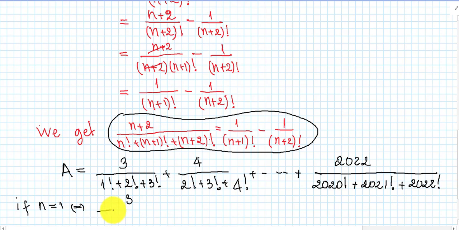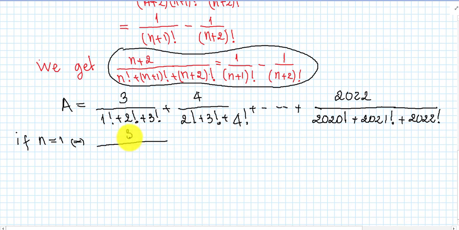3 over 1 factorial plus 2 factorial plus 3 factorial is equal to 1 over, replacing n by 1, n plus 1 gives 2 factorial, minus 1 over, replacing n by 1, 1 plus 2 equals 3 factorial.